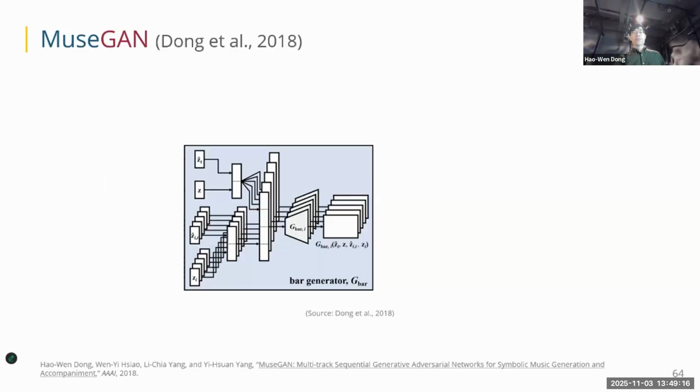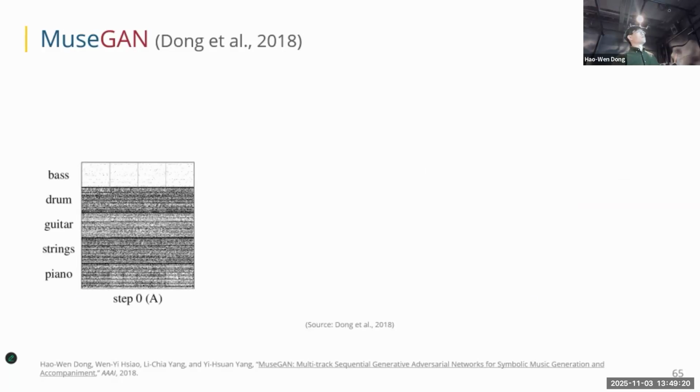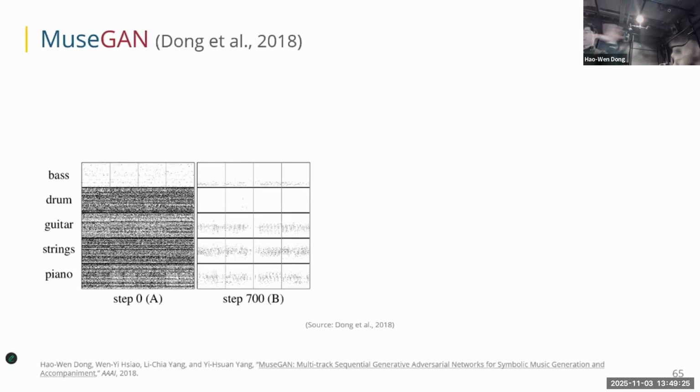We can extend that to a multi-track, multi-instrument scenario. In this case we are generating music in 5 tracks. Basically we grab a MIDI file, which potentially has multiple tracks for piano and multiple tracks for guitar, but anyway, we categorize them into these 5 different groups, and we get something like this.